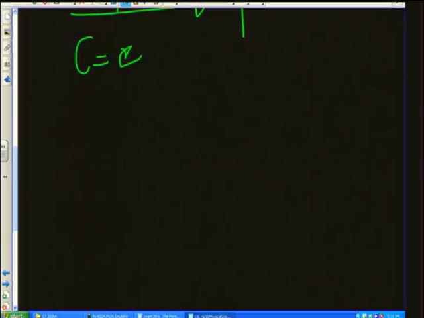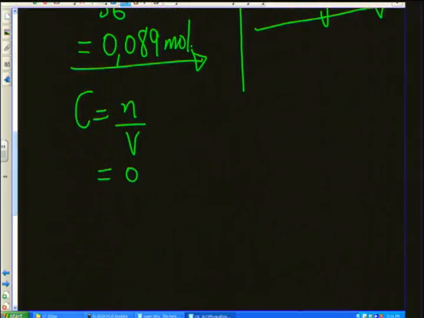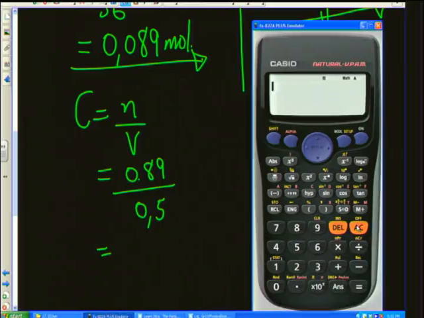From here, I can then go to the formula for concentration. Concentration equals number of moles over volume, and that will be equal to the number of moles, 0.089, divided by 0.5. That is the volume. You get to that point, don't worry yourself, you go to the calculator. 0.89 divided by 0.5.